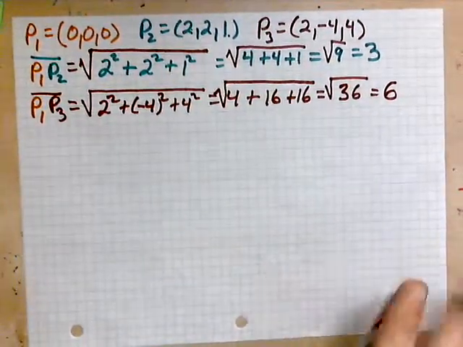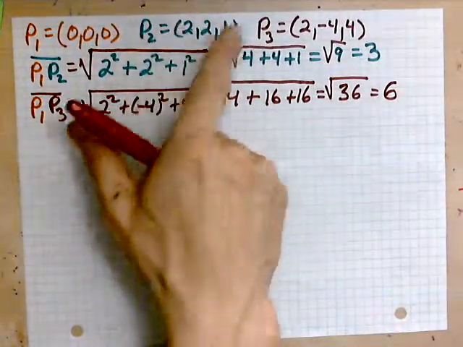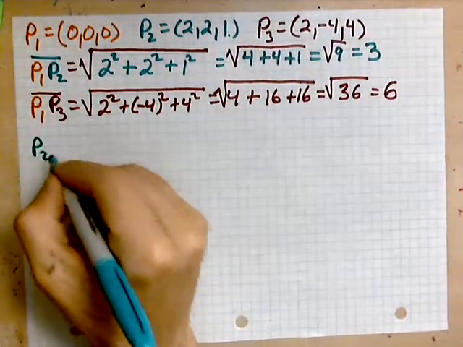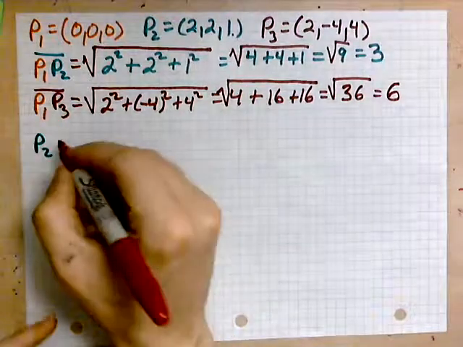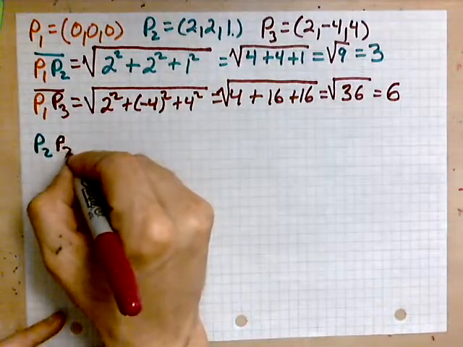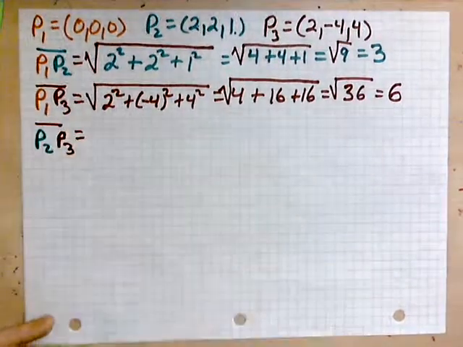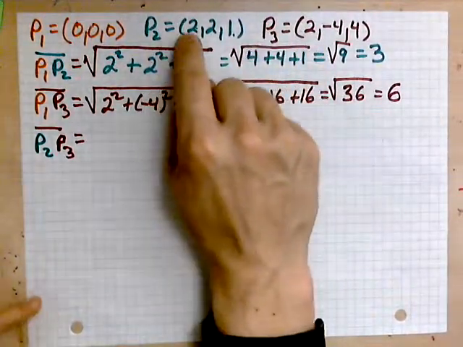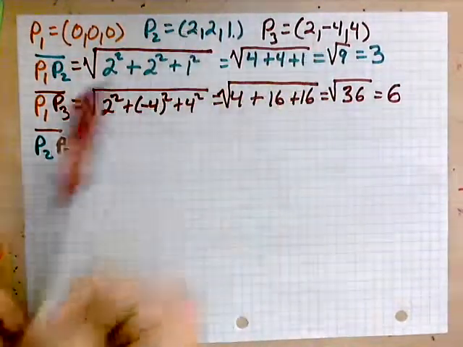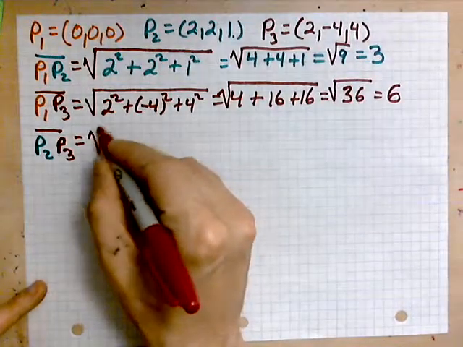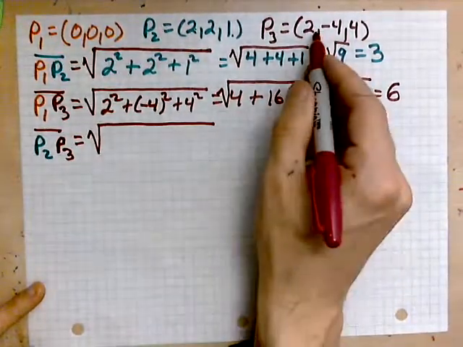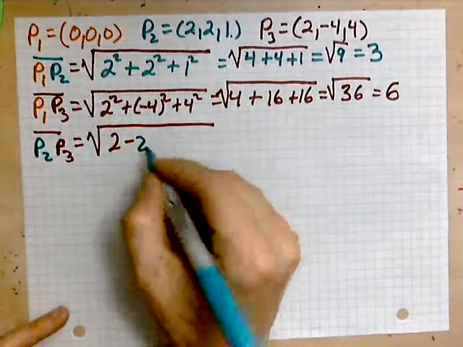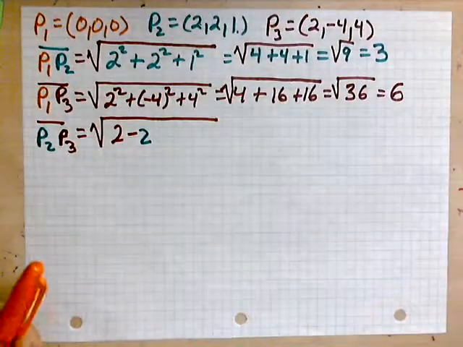And now we come to finding the distance between P2 and P3. So that looks like this. P2 to P3. Now this one's a little different. We'll have to do the purple 2 minus the blue 2, right? So 2 minus 2. I'm going to color code here, it will be helpful. 2 minus that 2, and the whole thing here will be squared.